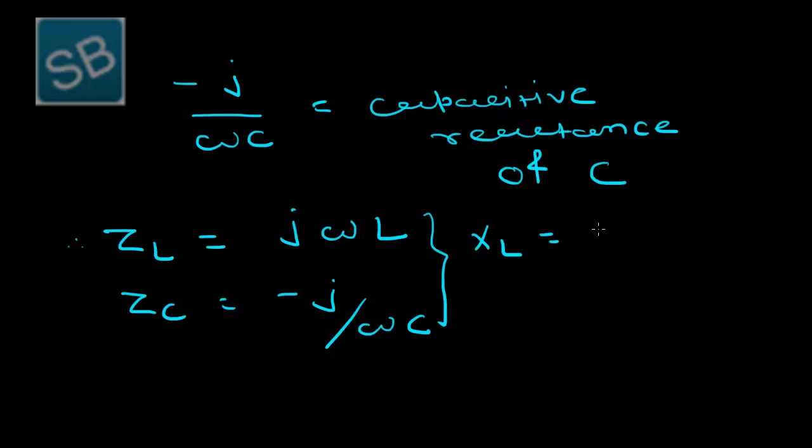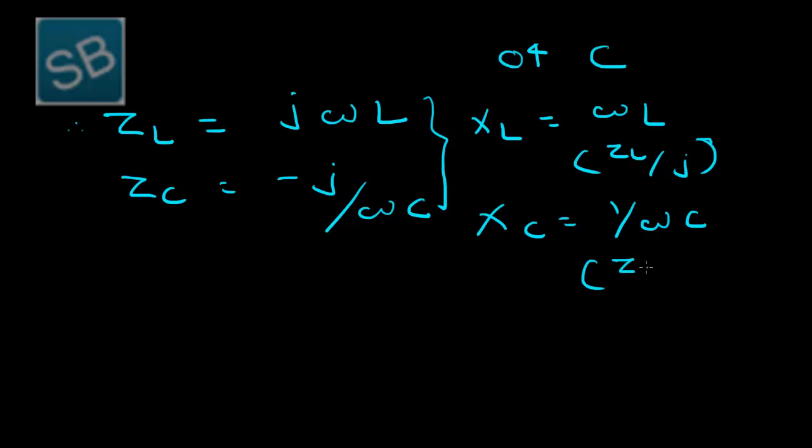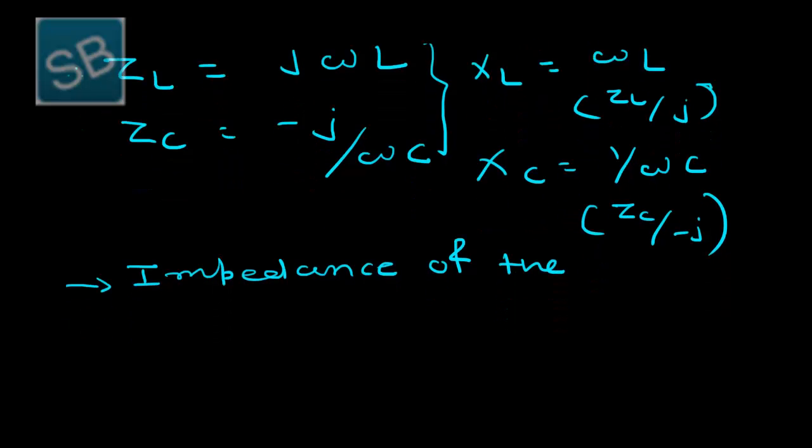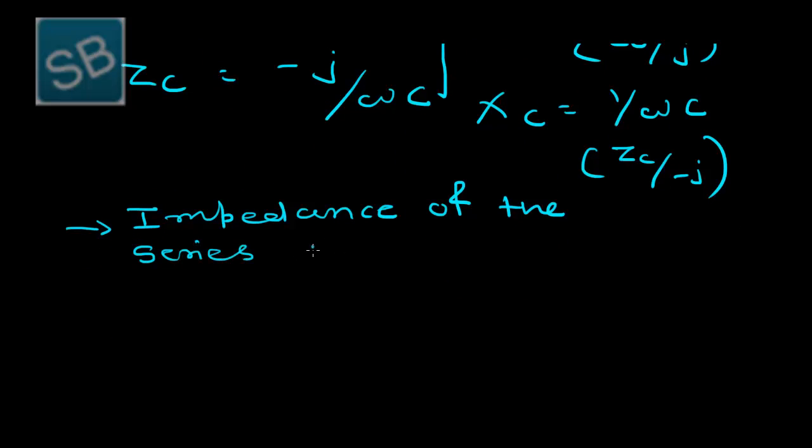XL has the value ZL divided by j, so it is omega L. The value of XC is ZC over minus j, so the value of XC is 1 upon omega C. And here the summation of ZL, ZC and the resistance itself is called the impedance of the system, or we can say the impedance of the series LCR AC circuit.